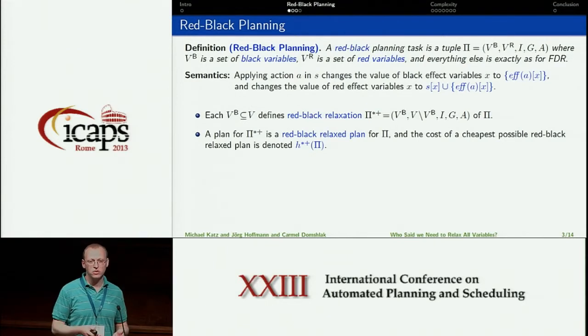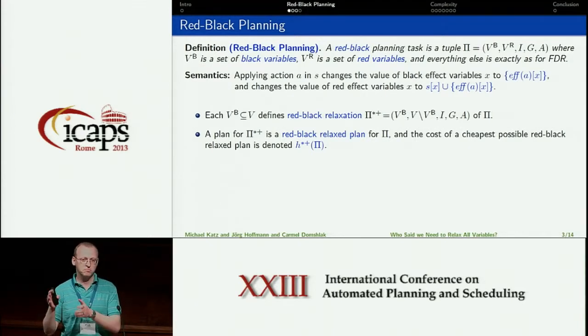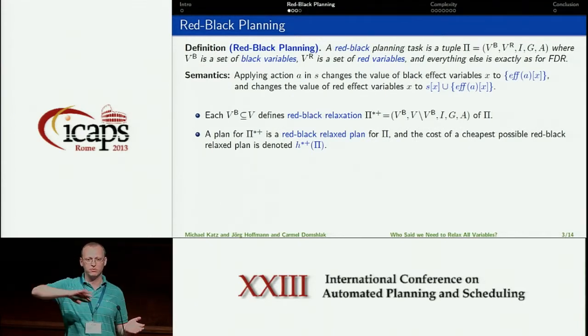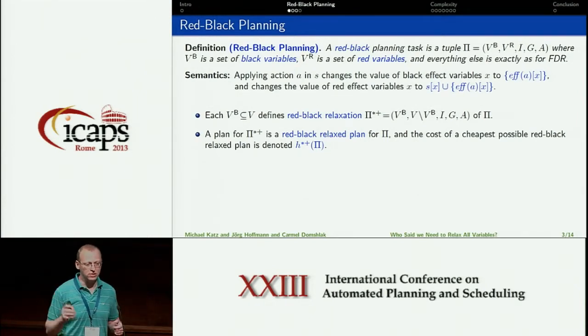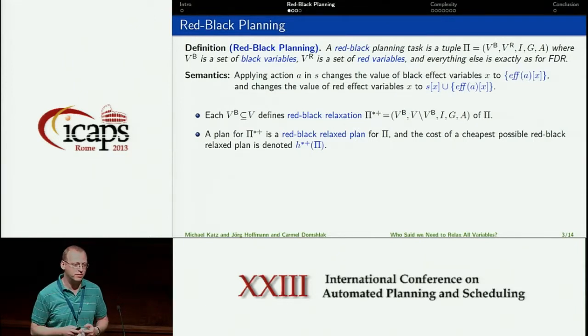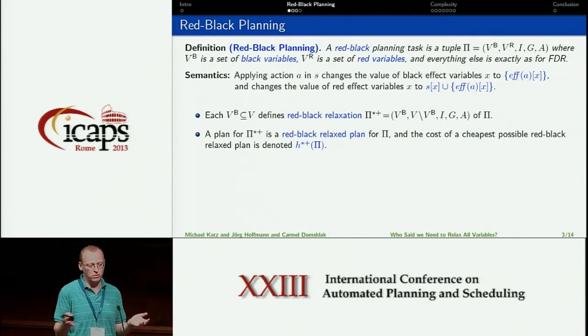Given the regular FDR task, we can take a subset of variables. Let's call them black. The rest will be red. We define a new red-black task. Such a task would be called the red-black relaxation of the original one. A plan for that red-black relaxation would be a plan for the red-black task, and the cost of that plan will be a heuristic value.